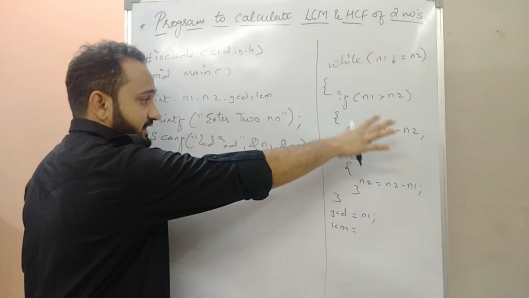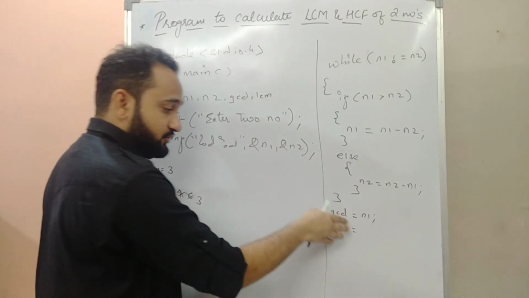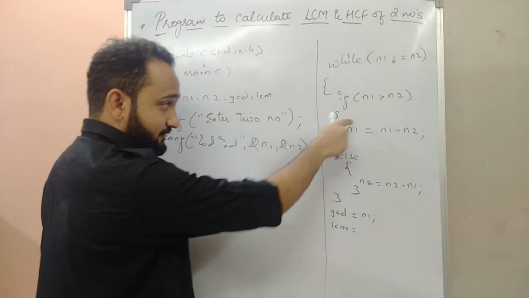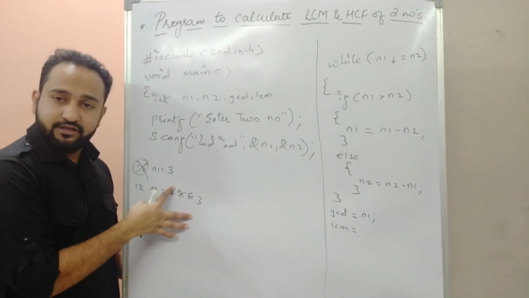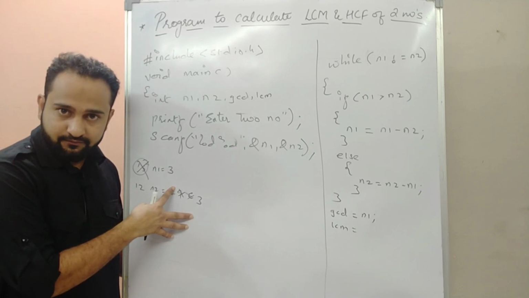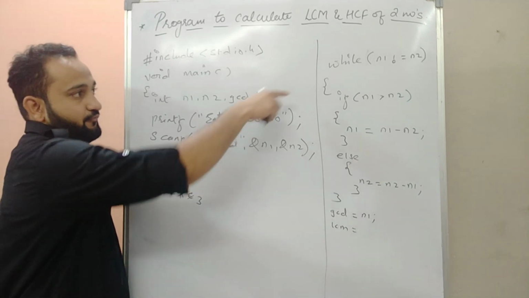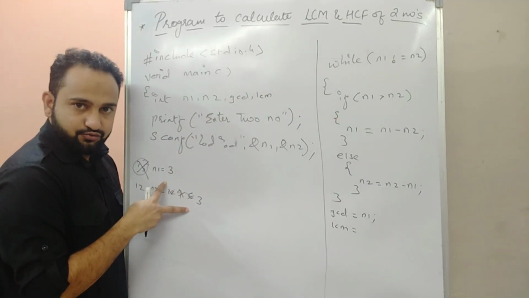Whenever you are modifying the values of your variables in your loops and you want to use them once again, you have to store those values. Right now the values of n1 and n2 were 15 and 12. Now it becomes 3. Getting what I'm saying, everyone? Okay, so both values, while we are modifying them in our while loop, are changed to 3.